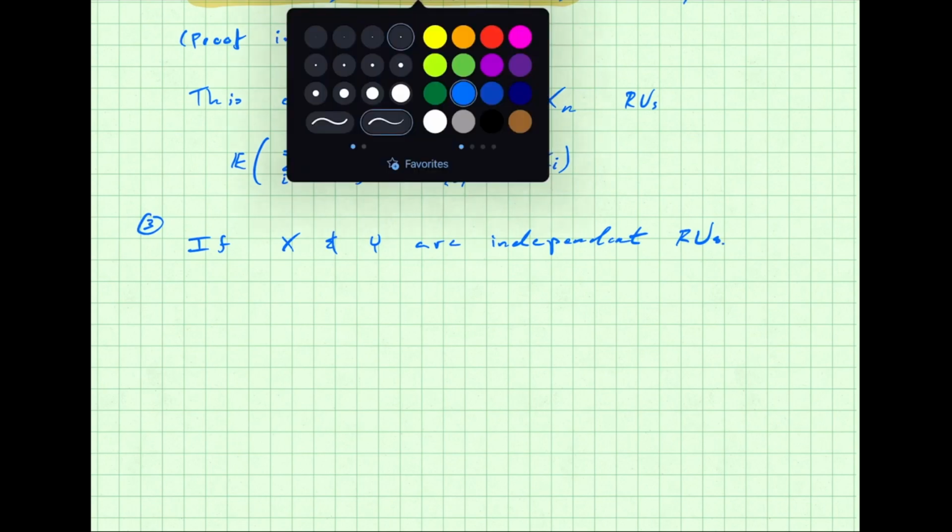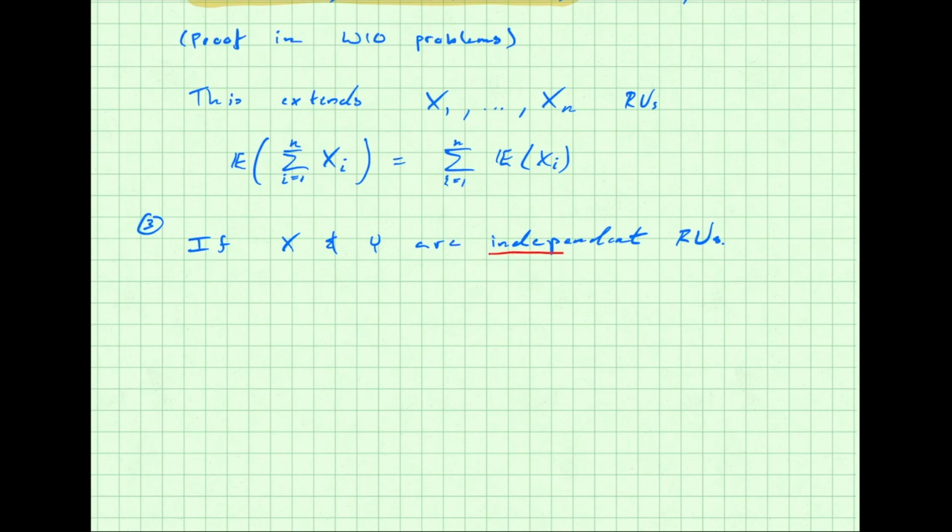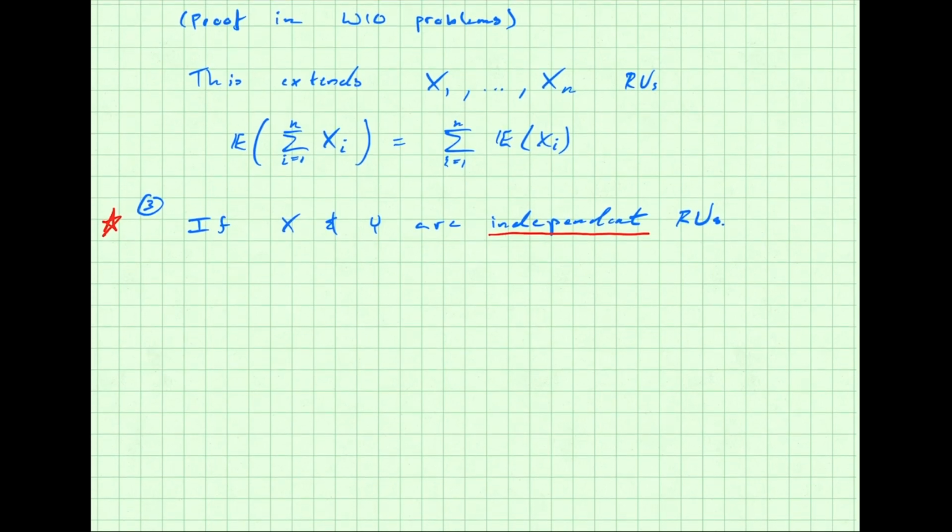Right, so this is so important that I'm going to underline it in red and put a star next to it, because these other 2 properties are generic, and this property is true but it's useful when 2 random variables are independent, and I don't want you to forget that. It's crucial. So if that's true, then the expected value of their product, x times y, is equal to the product of their expected values. But it's only true if the 2 variables are independent.